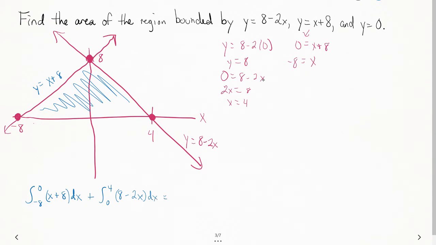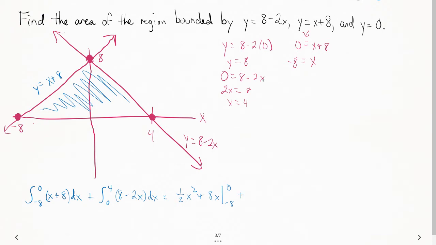So notice this equals, well, we'll get 1/2 x squared just by using the opposite of the power rule. You add 1 to the exponent, and then you divide by that same number that's up in the exponent, so that's where that came from. And the antiderivative of 8 is just 8x, so that's evaluated from -8 to 0.